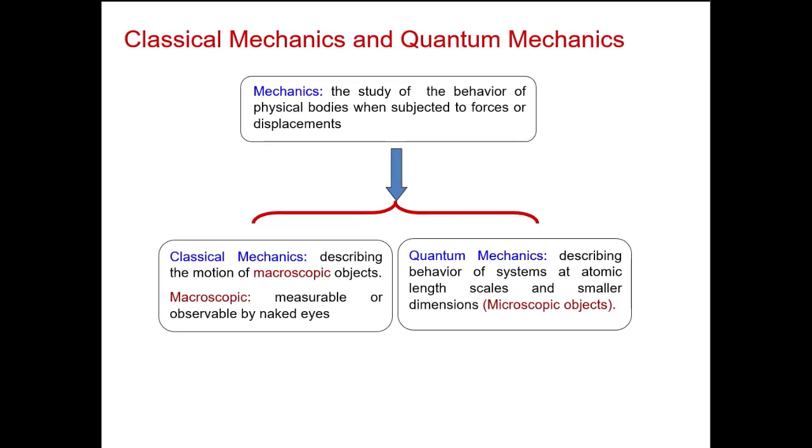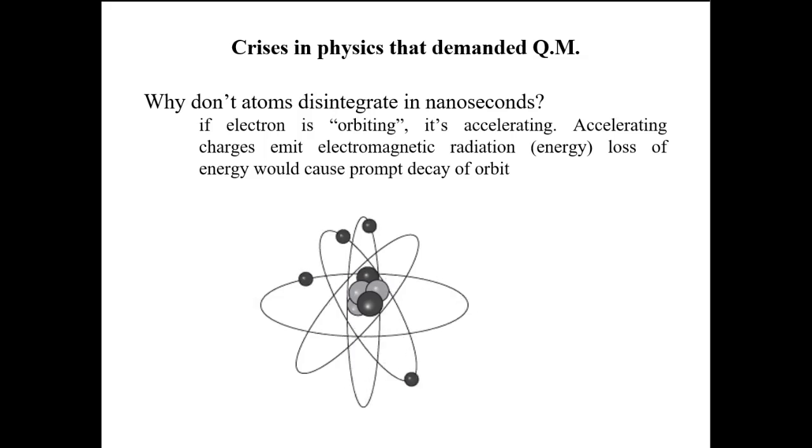Next, let us see what forced mankind to discover a method of problem solving other than classical mechanics. These can be called the crises in classical physics that demanded quantum mechanics to be formulated. The first crisis was the question: why don't atoms disintegrate?